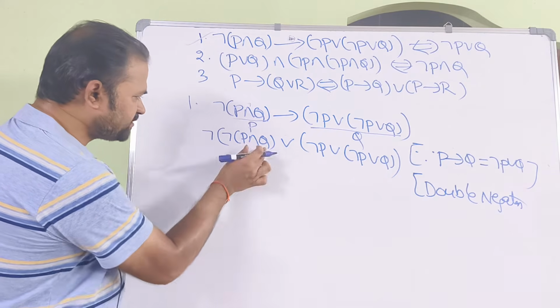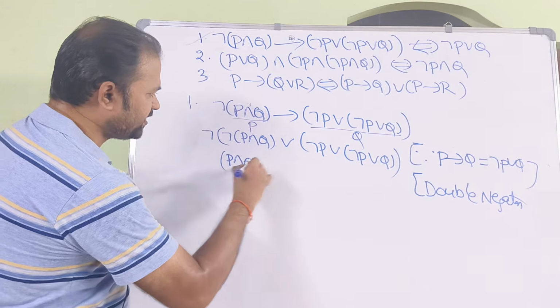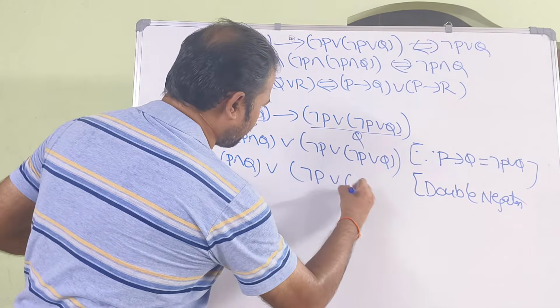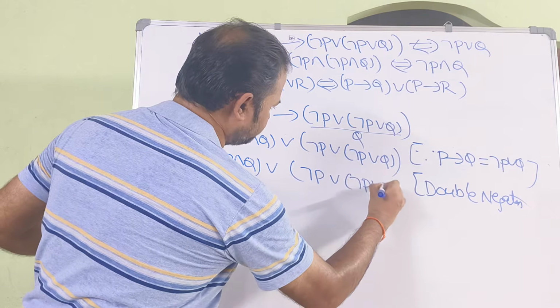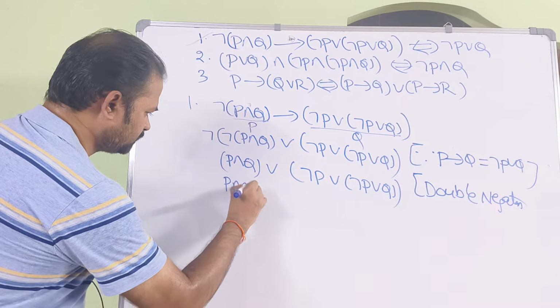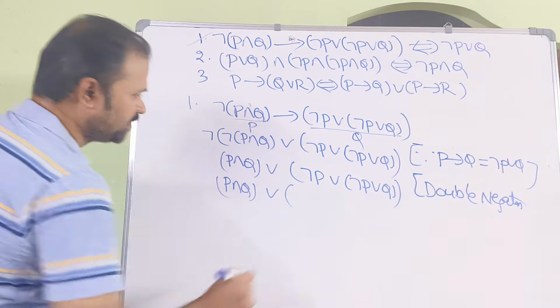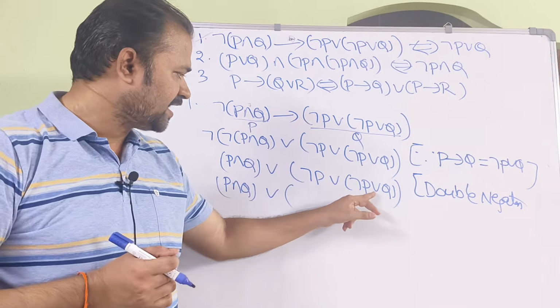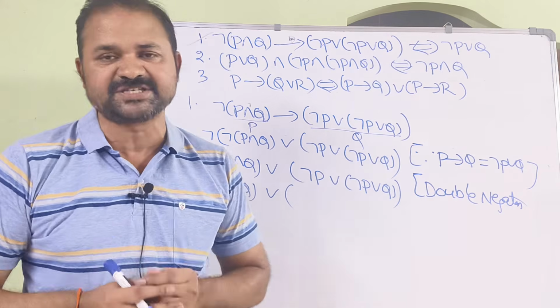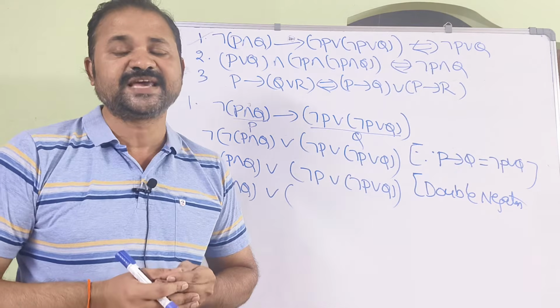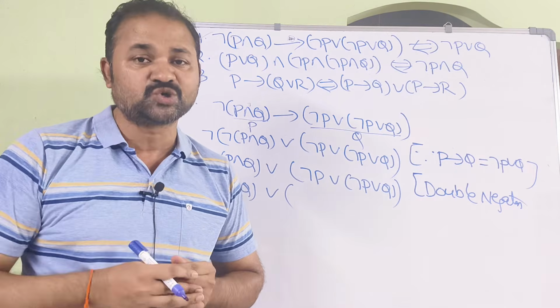So here, what is P? P and Q. So let us write this: negation P or (negation P or Q). Here we have the disjunction symbol, and here also we have the disjunction symbol. So these two are the same symbols, which means we can apply the associative law.